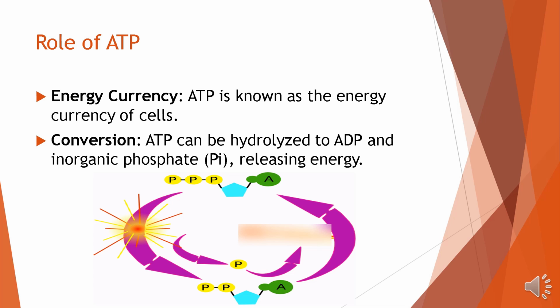As you can see in the image, when ATP is broken down, it forms ADP, adenosine diphosphate, and releases phosphate, and a lot of energy is released within the cell. The cell uses this energy to perform various cellular functions.